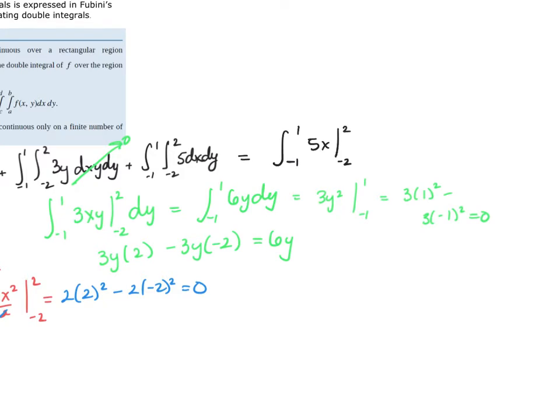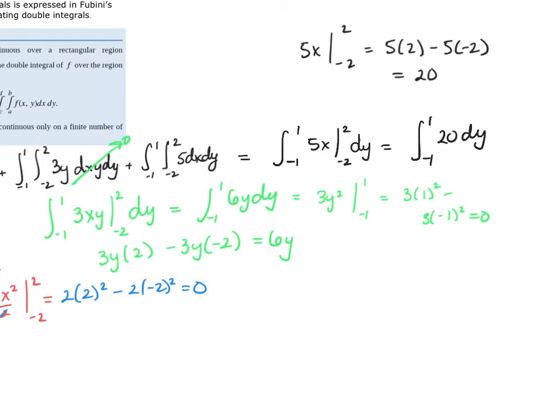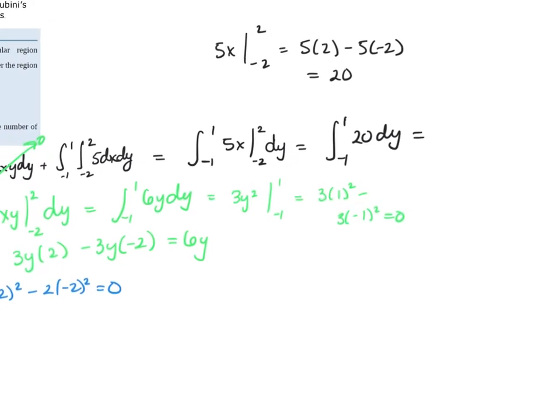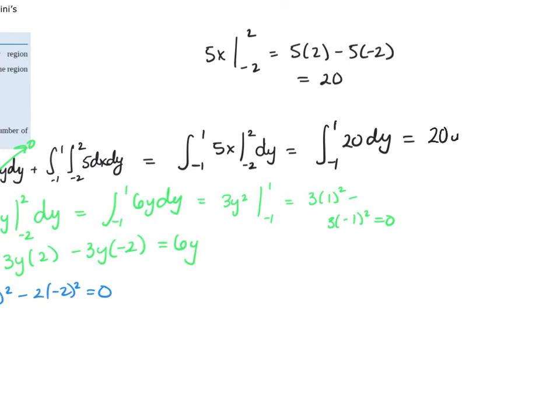-2 to 2 of dy. Now my 5x evaluated from -2 to 2 is going to be 5 multiplied by 2 minus 5 multiplied by -2, which is going to give me 20. So then this is going to be the integral from -1 to 1 of 20 dy, which then gives me 20y evaluated from -1 to 1, which is 20 multiplied by 1 minus 20 multiplied by -1.